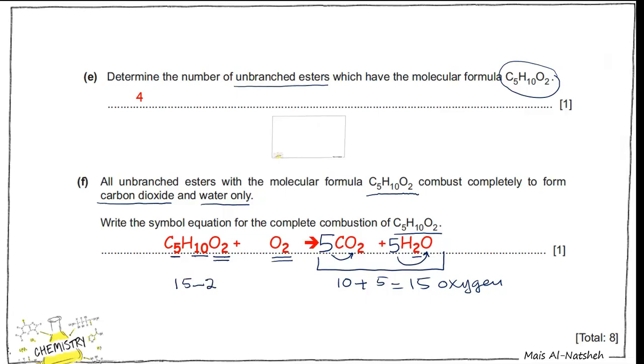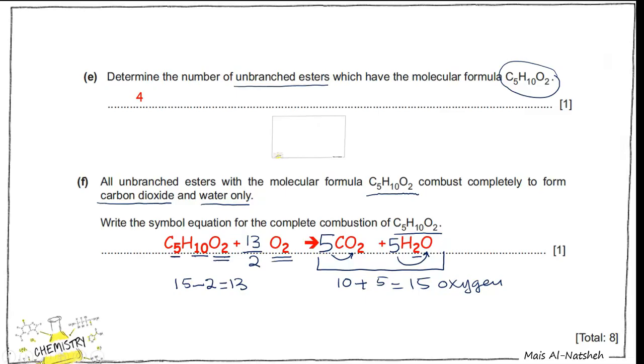Here they are 2, so there will remain 13 needed oxygen atoms. How can I make 13 oxygen atoms from the O2? I will use the fraction 13 over 2, 13 over 2 times 2. In total, it will give me 13 oxygen atoms, beside the 2 in the fuel, totally adding up to 15 oxygen atoms.